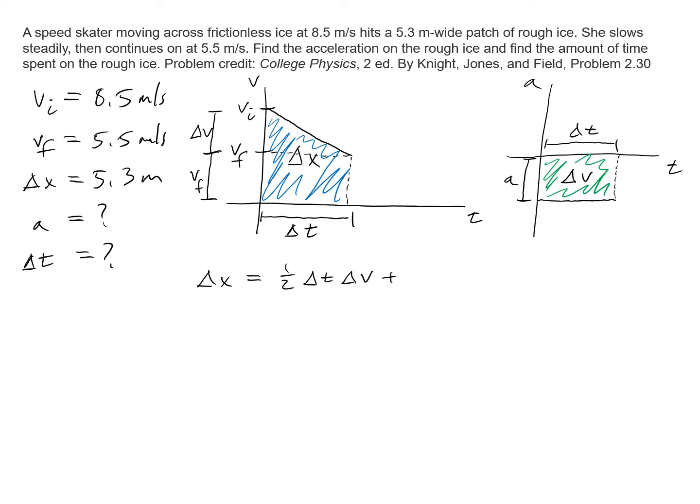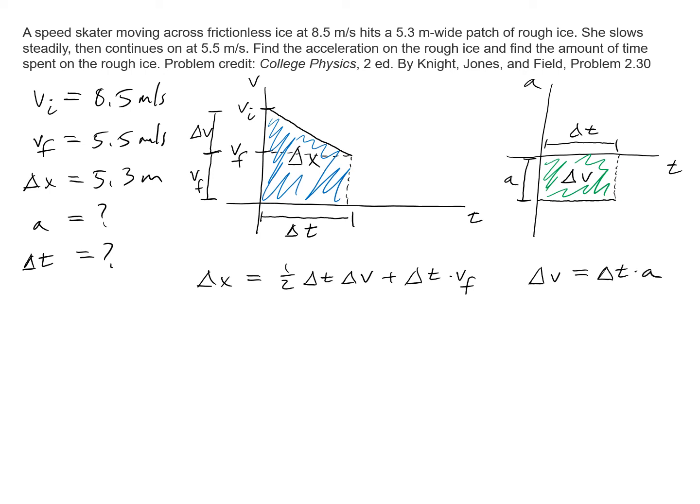And then we'll be adding the area of the rectangle, which is base delta t times height, which is vf. So this is an equation which represents a relationship between the position and velocity and other quantities on that graph. For the acceleration graph, the area delta v is going to equal the base delta t times the height a.